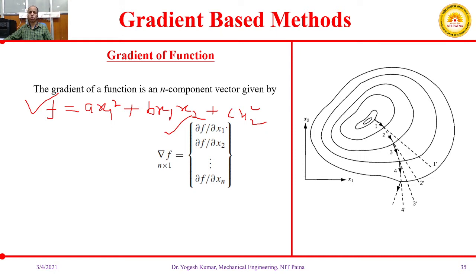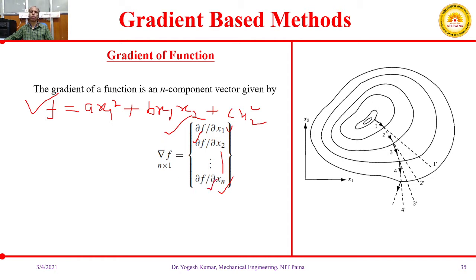Suppose here the variables are x1, x2, x3, x4, up to xn. If we take the partial derivative, then this will be a column vector: del f over del x1, del f over del x2, similarly up to del f over del xn.